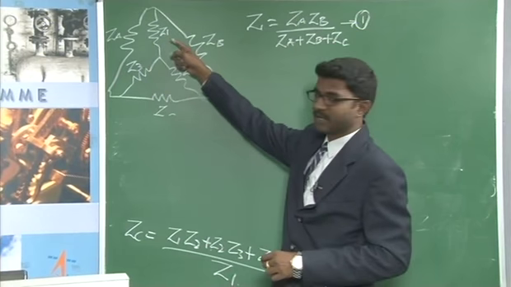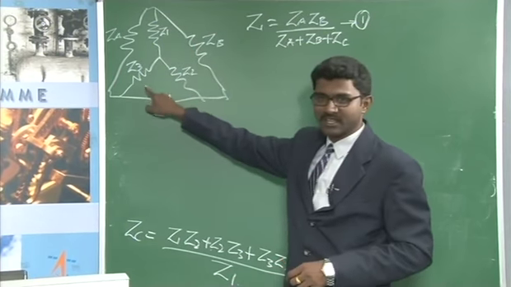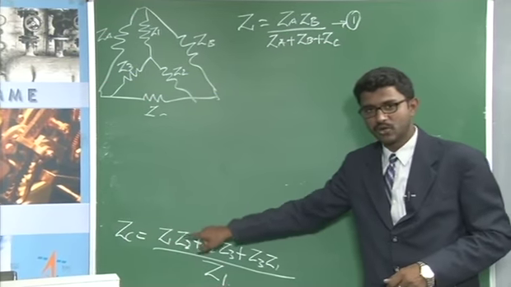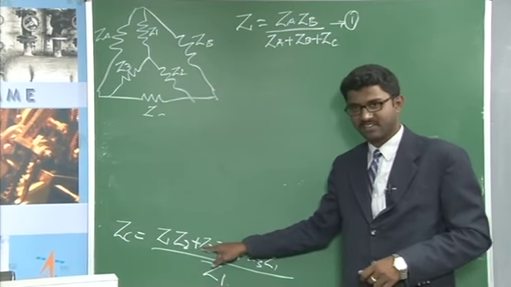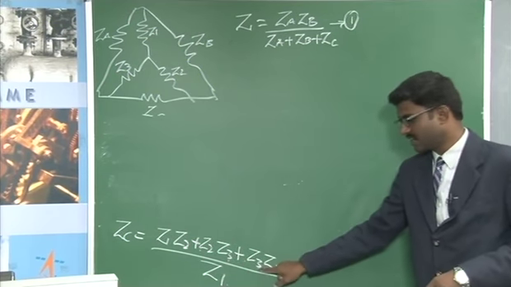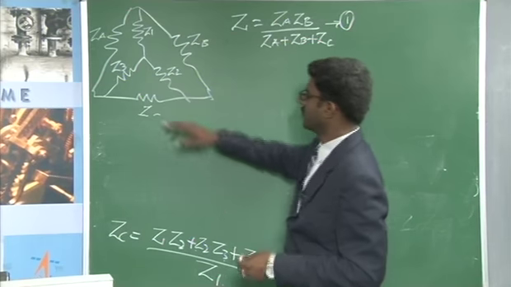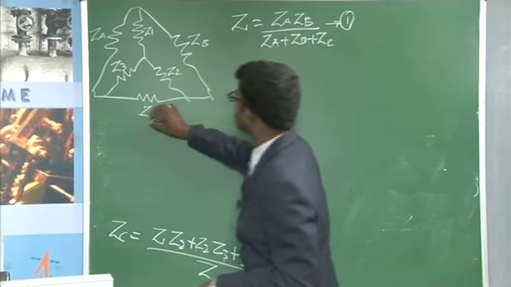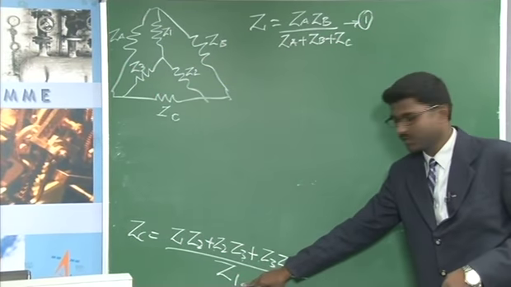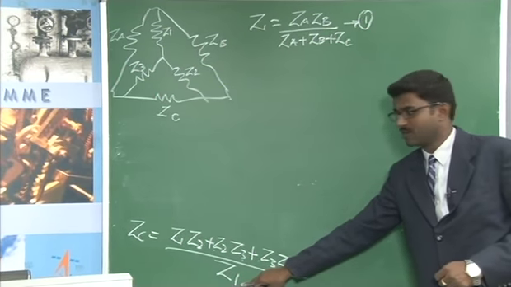Here the given impedances are Z1, Z2 and Z3. The summation means Z1 into Z2 plus Z2 into Z3 plus Z3 into Z1, divided by the impedance opposite to ZC, which is Z1. So, ZC will be equal to that numerator divided by Z1.